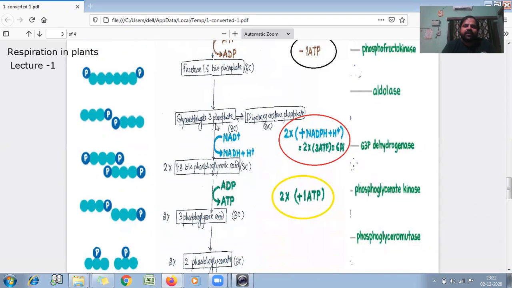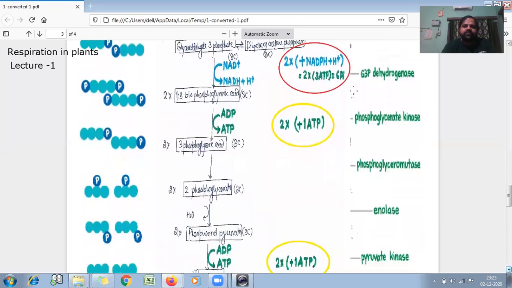Now we can see that this glyceraldehyde 3-phosphate has been converted into 1,3-bisphosphoglyceric acid by the generation of NADH plus H plus. Now this 1,3-bisphosphoglyceric acid has been converted into 3-phosphoglyceric acid by the generation of an ATP, and this 3-phosphoglyceric acid has been converted into 2-phosphoglycerate by the action of a mutase enzyme.